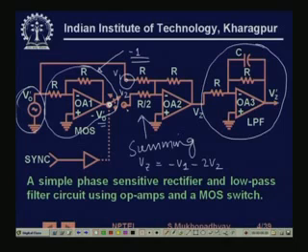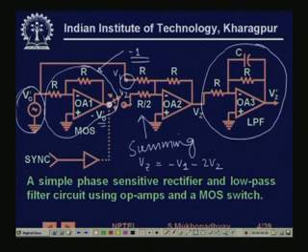Suppose we switch it in such a manner that when V is positive, this switch is off, and when V is negative, this is on.